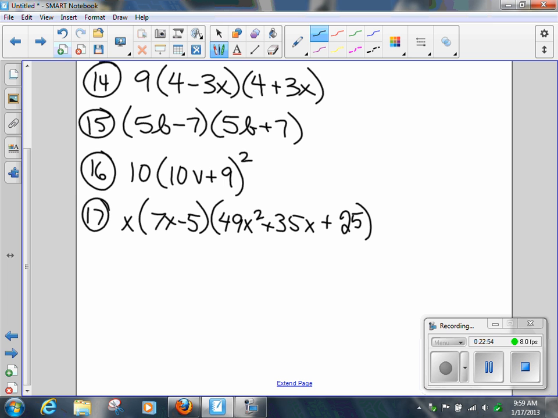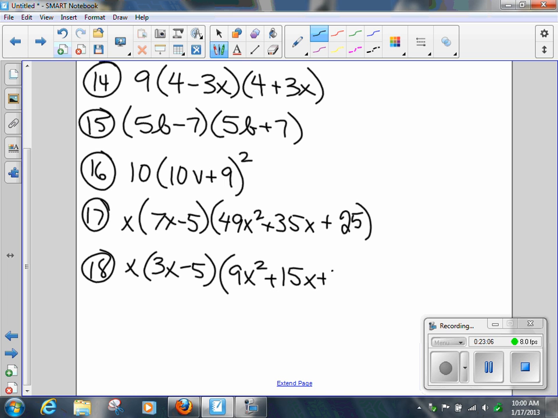And the same thing with 18: x times the quantity 3x minus 5 times 9x squared plus 15x plus 25. Remember, if you're not factoring out that GCF first, we got problems.